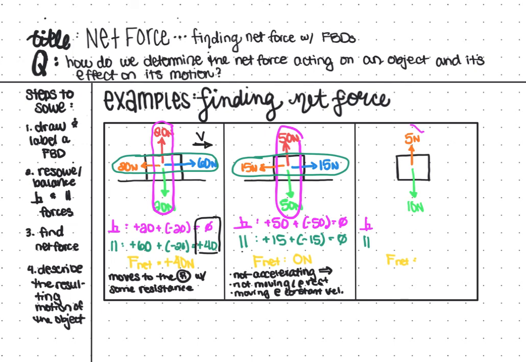All right, so in this one, perpendicularly, we have negative 10 newtons plus 5 newtons, 10 down, 5 up, which is going to give us negative 5 newtons. In this case, there are no horizontal or parallel forces, so we have 0. So our net force is negative 5 newtons. Remember that when we talk about vectors, the positive and the negative are indicators of direction.